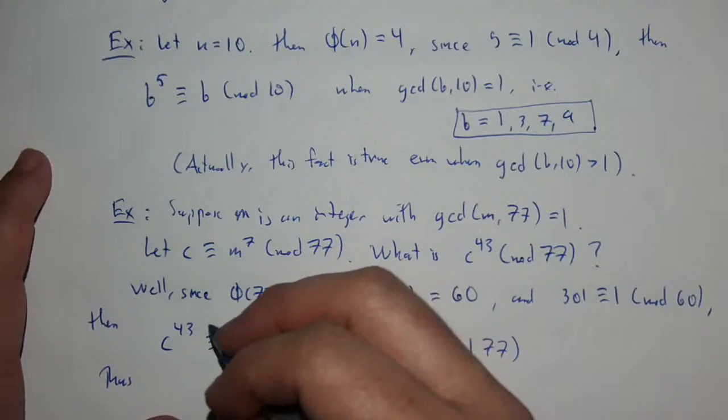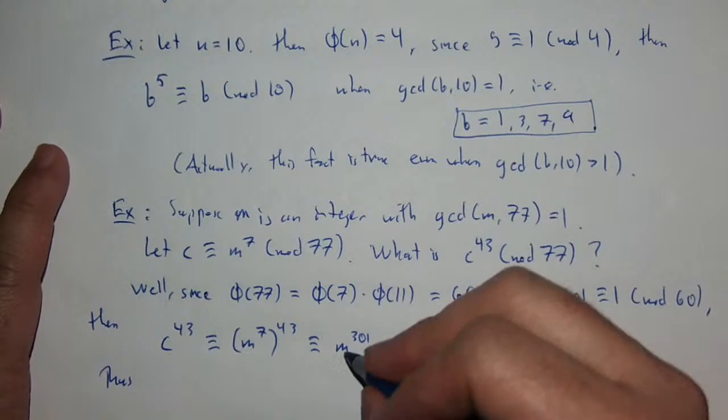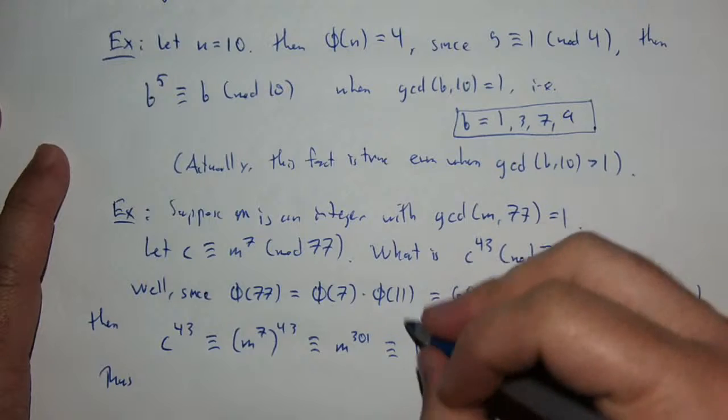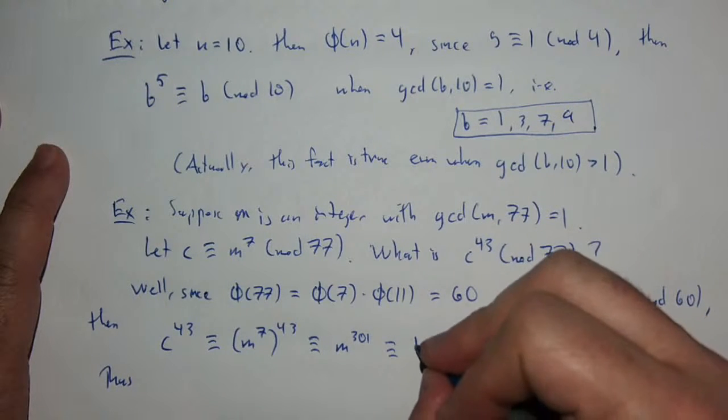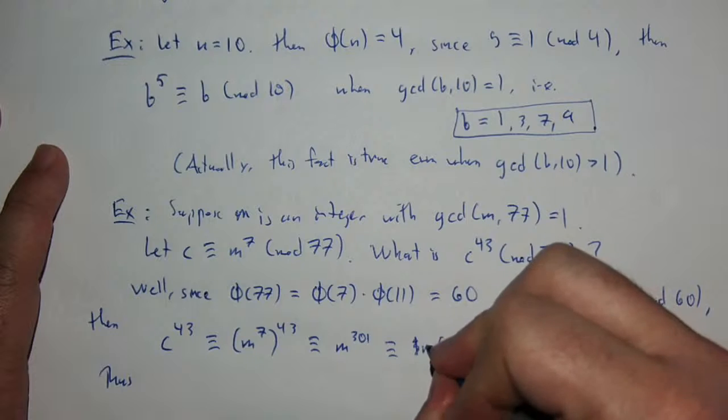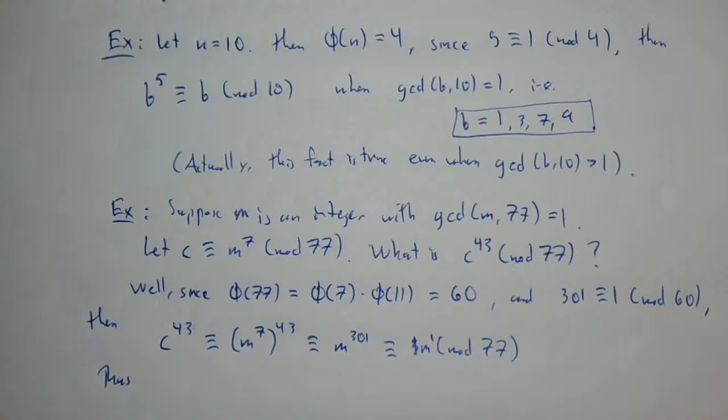Okay, so thus C. Sorry, this isn't congruent to 1. This is a mistake here. This is congruent to m to the 1. So this is not right here. This is m to the 1. I wrote the exponent instead of what I was supposed to write here.